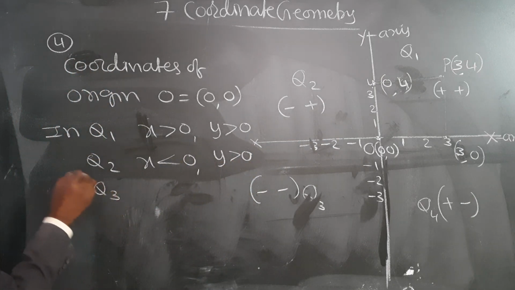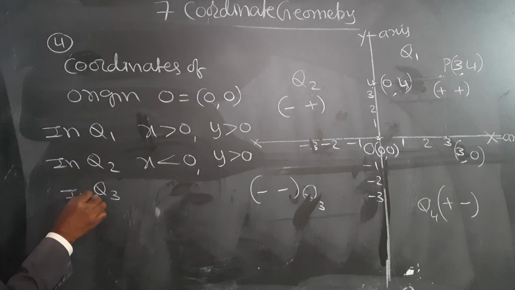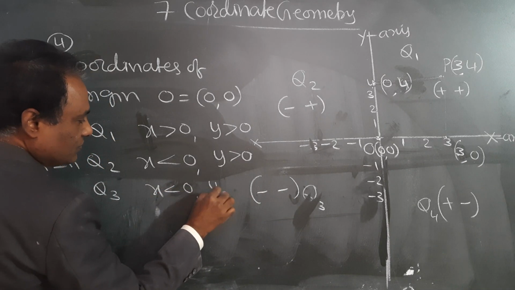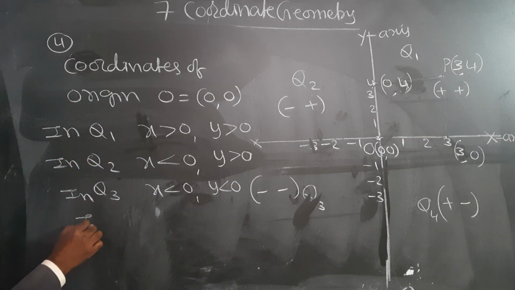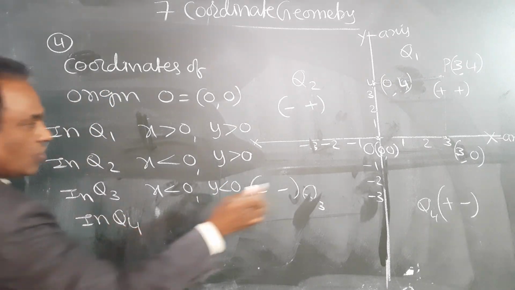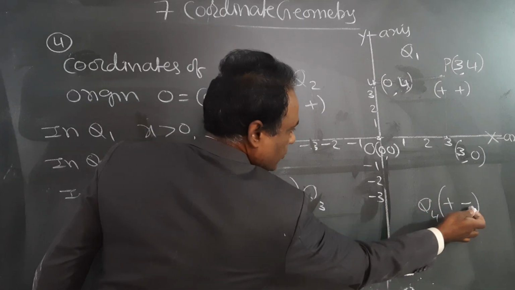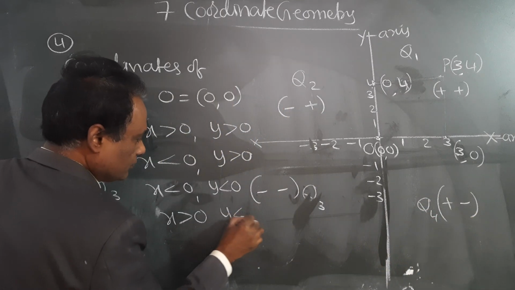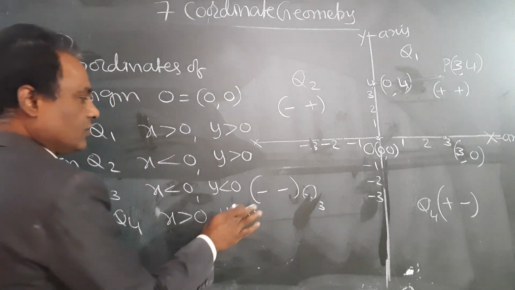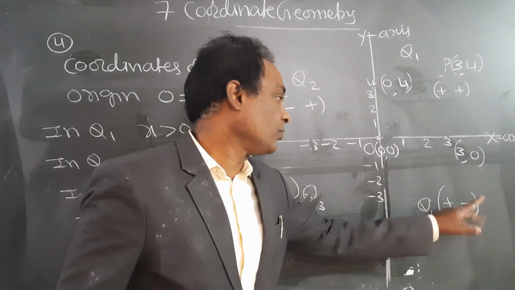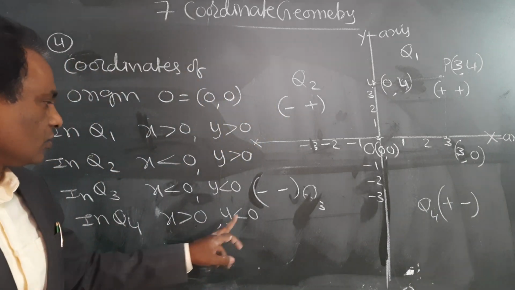So in Q3, x is negative, y is negative. Next in Q4, that means fourth quadrant, x is positive, y is negative.